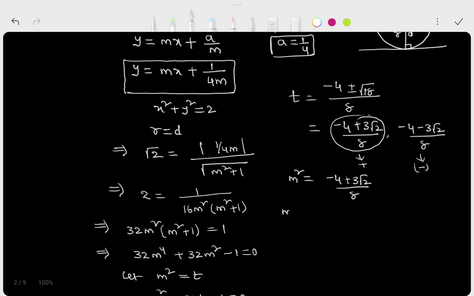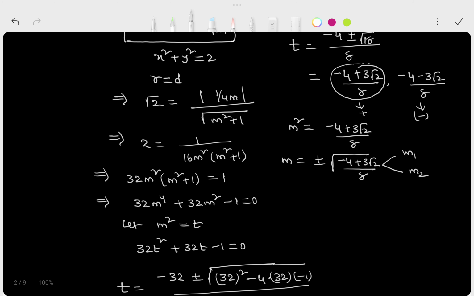So m is equal to plus or minus the square root of minus 4 plus 3 into root 2 by 8. One value will be m1 and the other value will be m2. These will be the slopes of the common tangents.